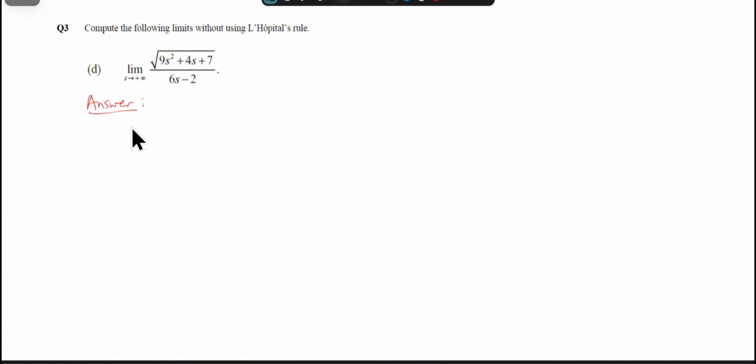So the limit as s approaches positive infinity of square root of (9s squared plus 4s plus 7) over (6s minus 2) can be written by multiplying with 1 over s. Remember, this is s, not 5.